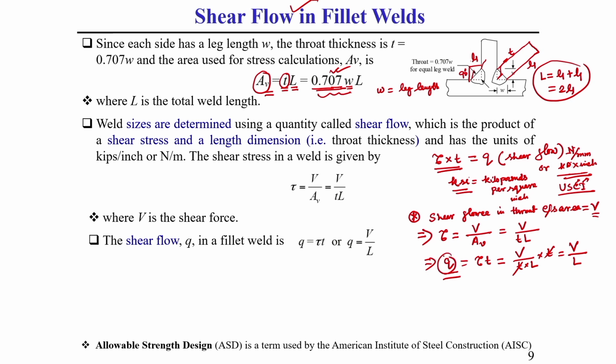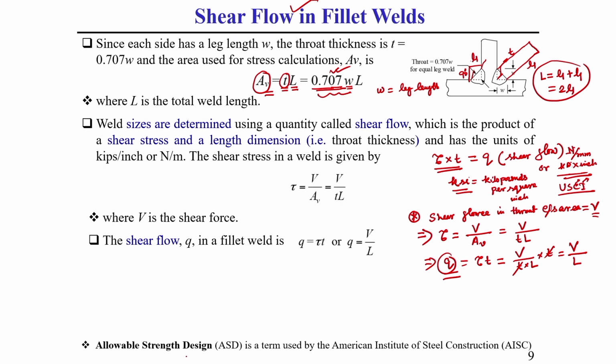This quantity is a very important quantity for the design and analysis procedure. So, you got the idea what shear flow is, because this shear flow will be calculated for all directions of a welded structure. From there we will find out the maximum resultant shear flow of that welded structure.